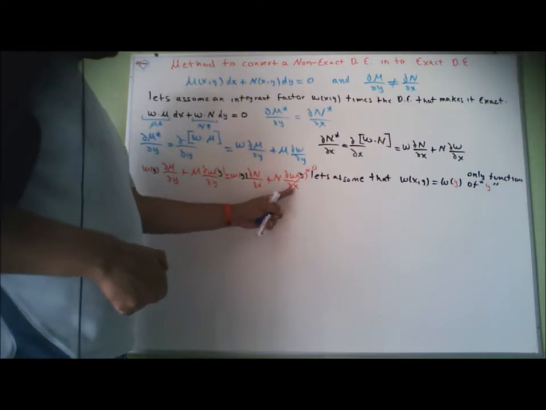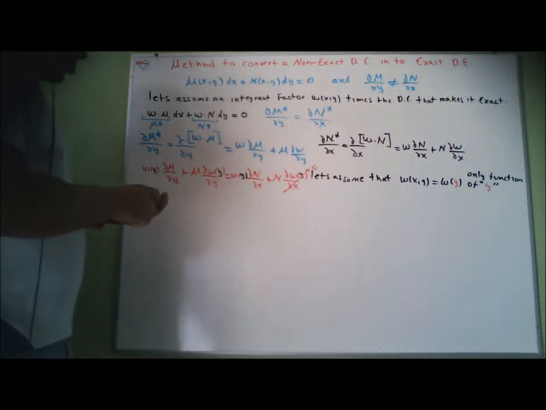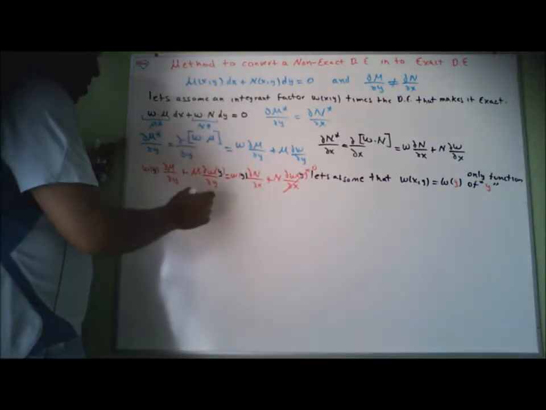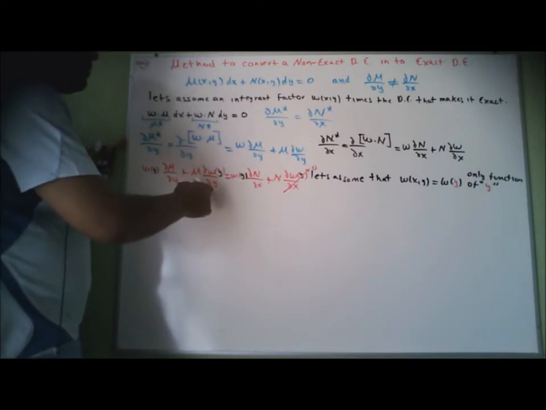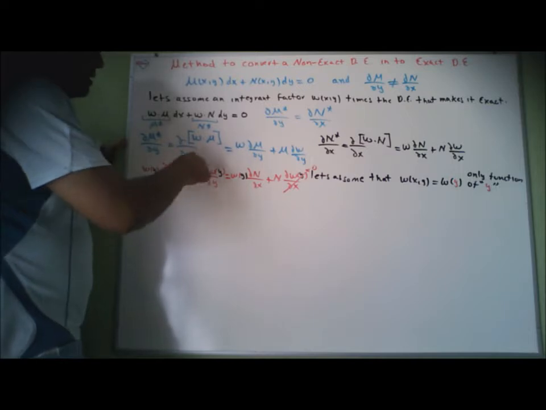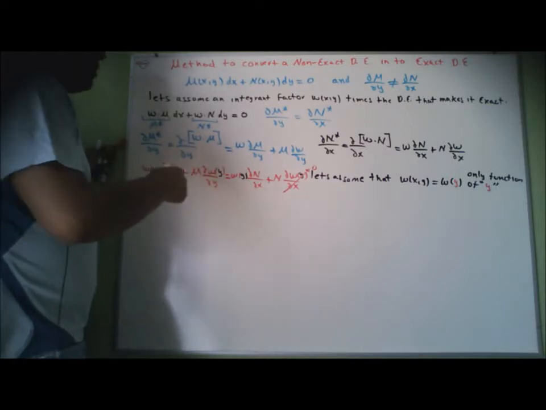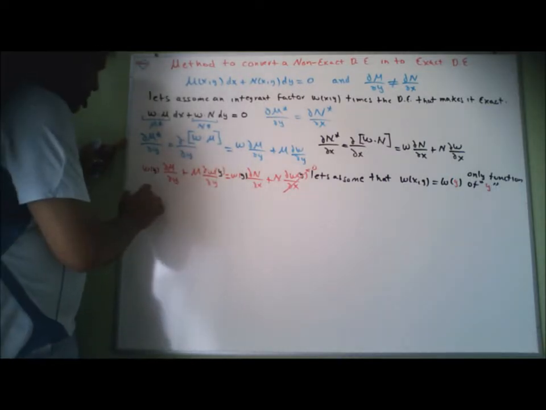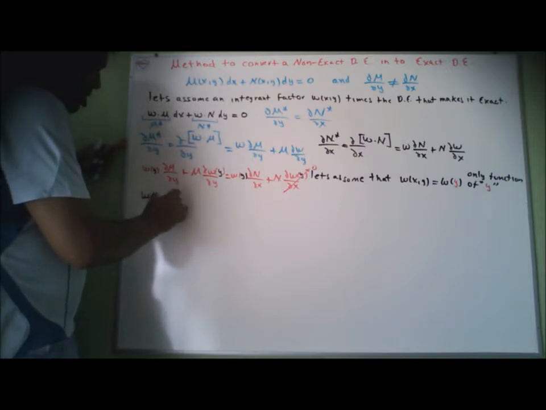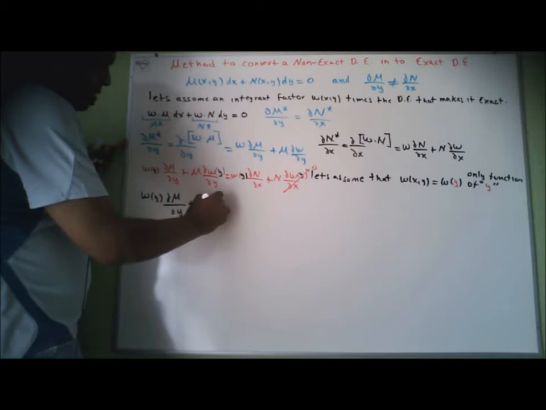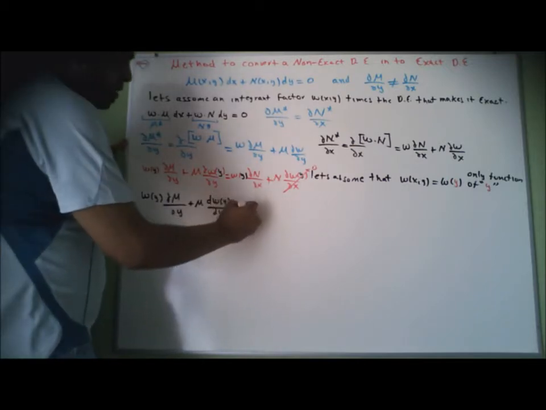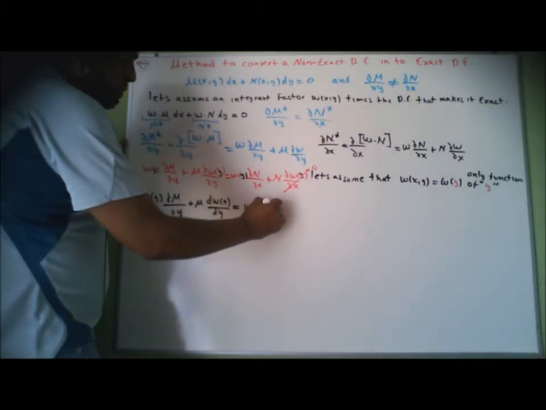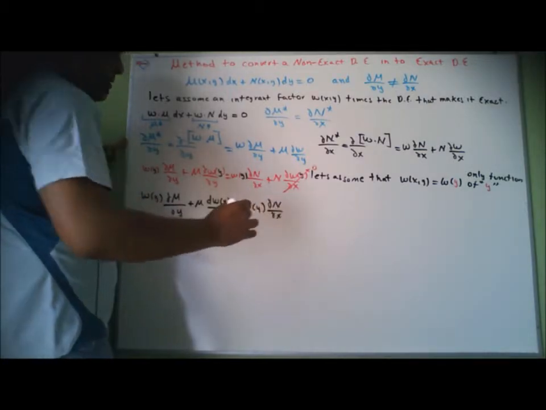What is left: since it is only a function of y and you are taking the derivative with respect to y, this is no longer a partial derivative, it becomes a normal derivative. So you have w of y times the partial of m with respect to y plus m times the derivative of w of y with respect to y, a normal derivative, equal to w of y times the partial of n with respect to x.